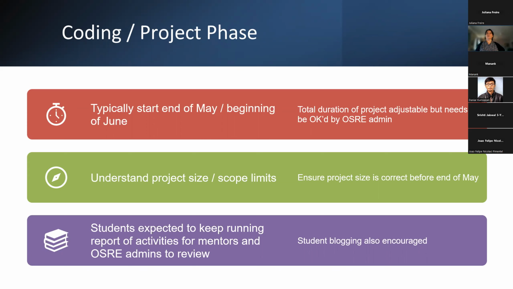We also are asking students, and I'll talk about that in a second, to do a running report of activities for mentors and for me. We've noticed over the years that's a really good way of identifying when there are problems, like timelines slipping, by seeing it early through very short little reports every couple weeks.